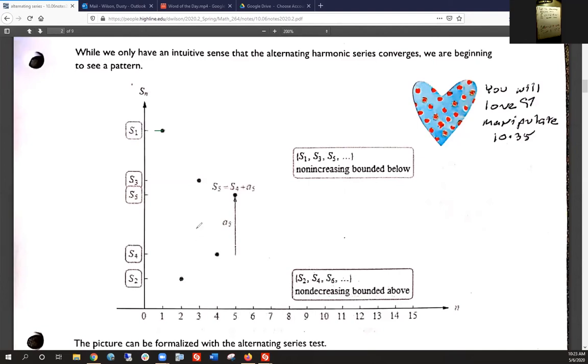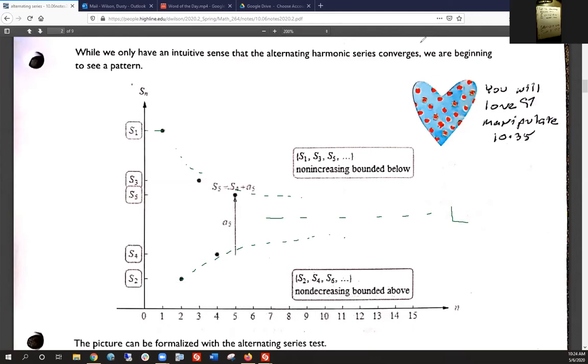But then we're going to add something, but the amount we add is going to be less than the amount we took away. And then we're going to subtract, but the amount we subtract is going to be less than the amount we just added. And so we're always coming in and approaching a narrower and narrower band, approaching some sort of a limit L.